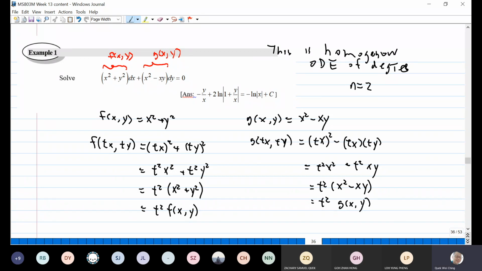Once you identify a homogeneous equation, there's a standard method to solve it, right? So there's a standard method here.